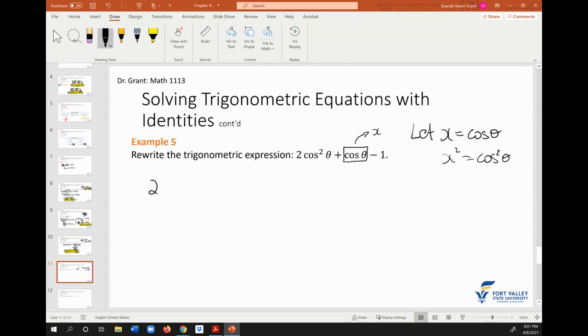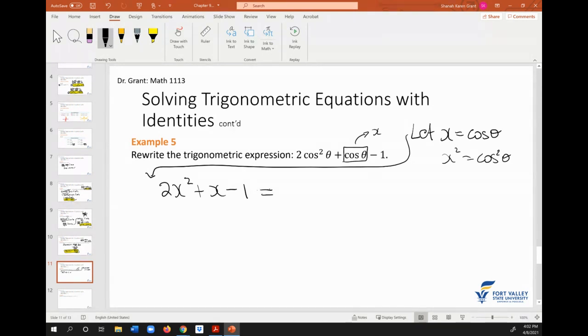So this becomes 2x squared, plus x minus 1. Now it looks like a regular quadratic expression that we can what?